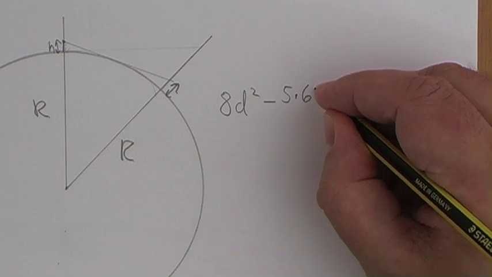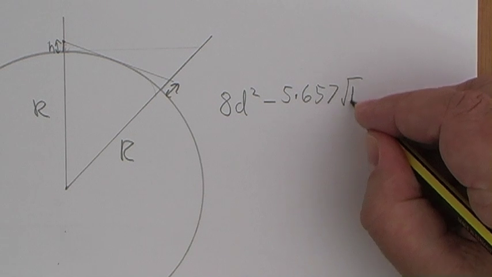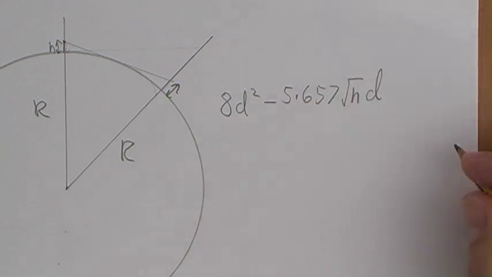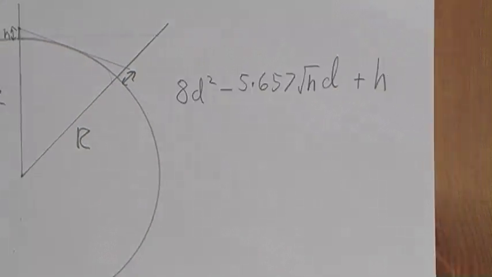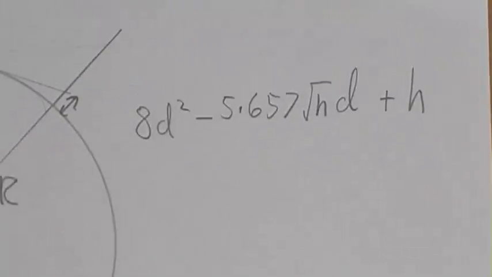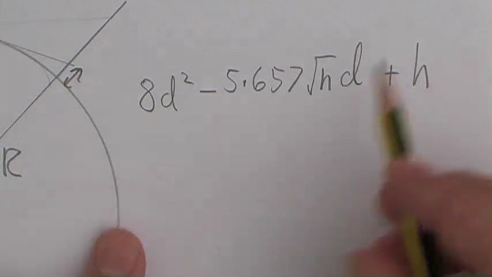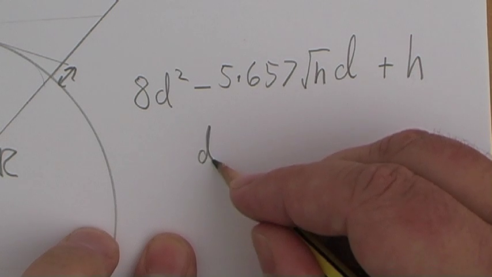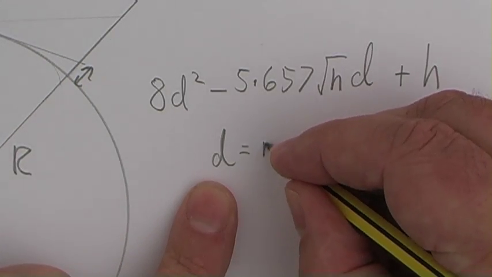Do 5.657 square root of h d plus h. Yeah, it's a relatively simple formula. Now I'll just make this clear. D is the distance that something is away from you, and that's in miles.